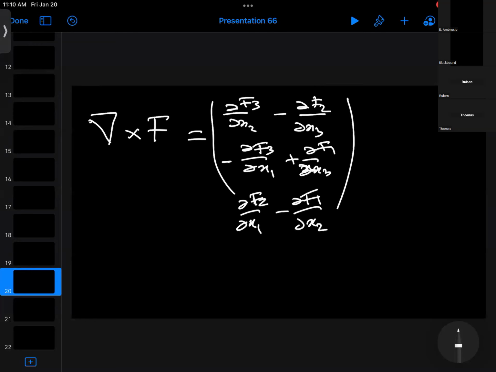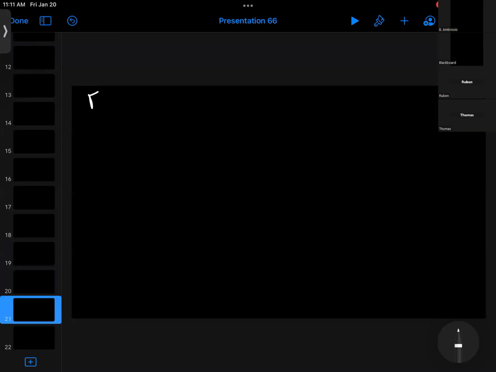So now, what are the Maxwell equations? They give the time evolution of vector fields. Okay, so they are applications from R3 into R3.